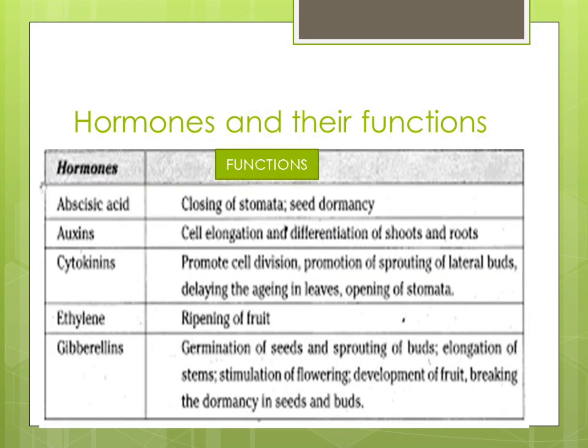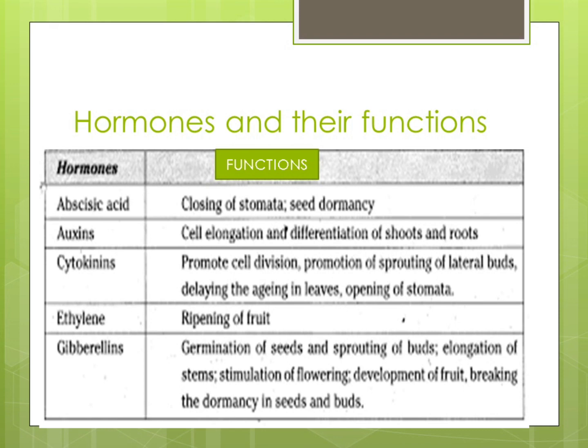So let us study about hormones found in plants and their functions. Five types of hormones are found in plants. They are abscisic acid, whose function is closing of stomata and seed dormancy. Auxins, they help in cell elongation and differentiation of shoots and roots. Cytokinins promote cell division, promotion of sprouting of lateral buds, delaying the aging in leaves and opening of stomata.